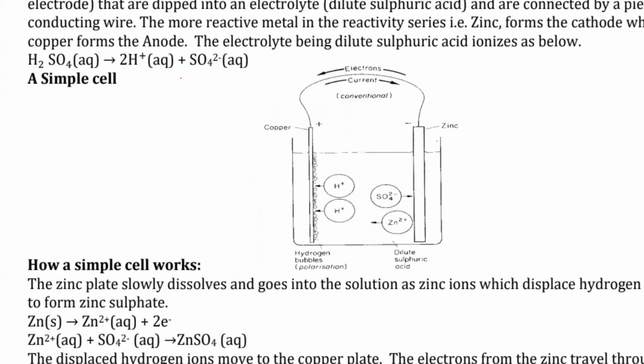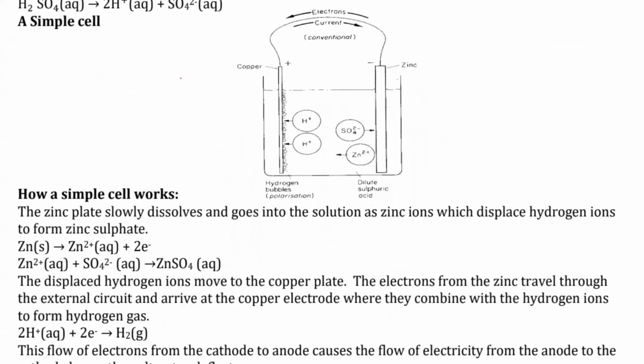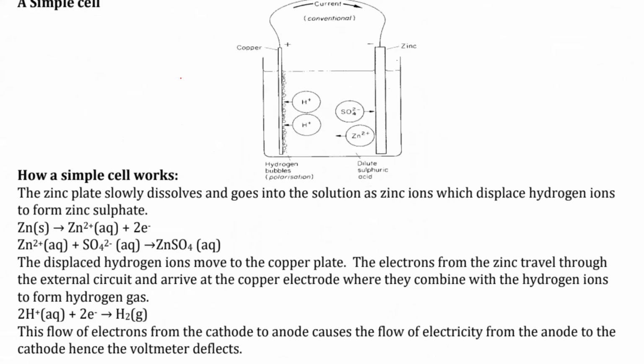So to have that diagram with how this simple cell works, because zinc is more reactive than copper, it will react fast.